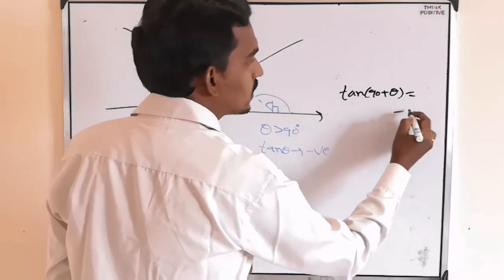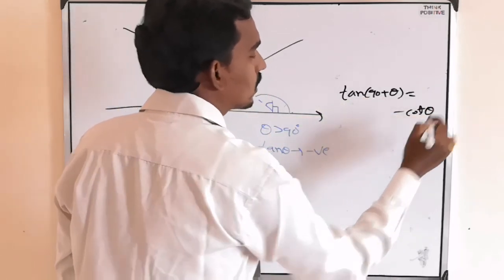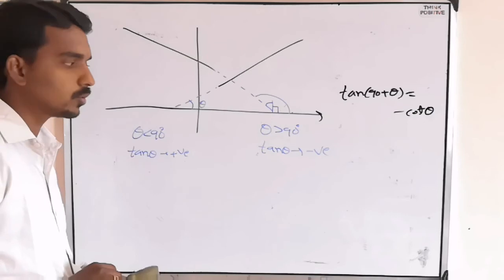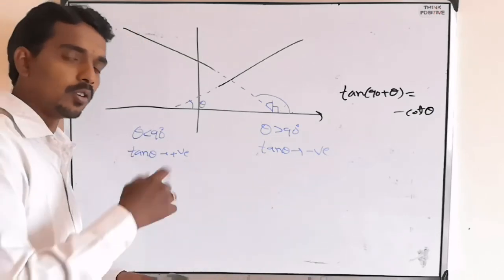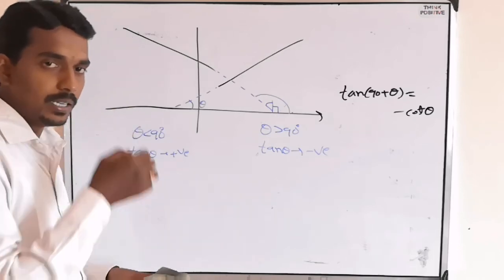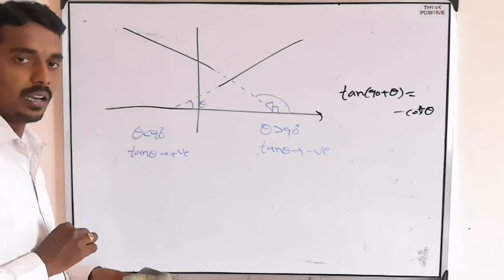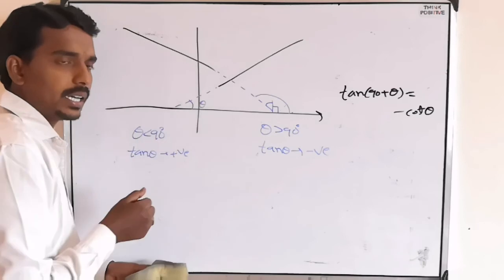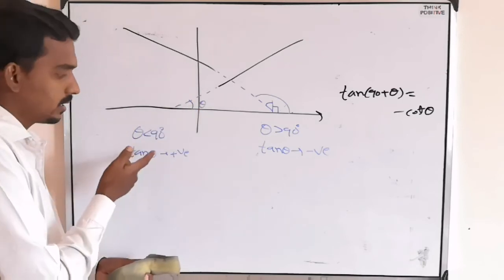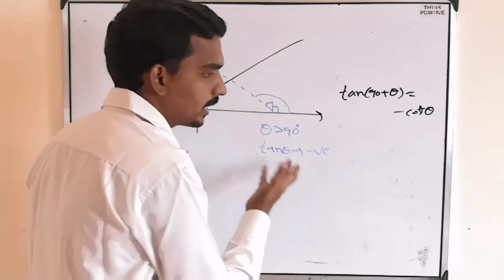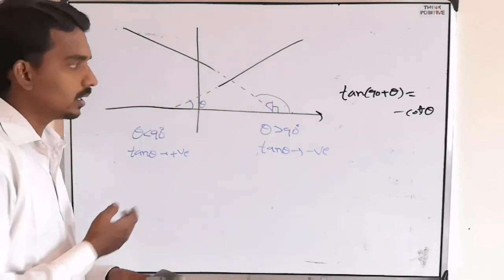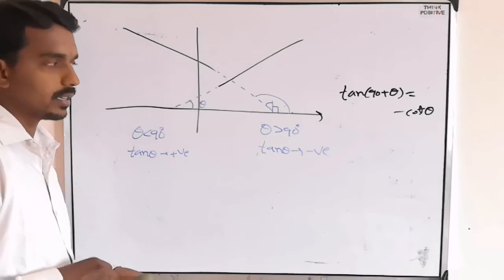So tan 90 plus theta is minus cot theta. So slope value becomes what? Negative. So slope of a graph can be positive or negative. That depends upon the angle. If the angle made by the graph with positive x-axis is less than 90, then slope positive. Greater than 90, negative. So you can understand it.